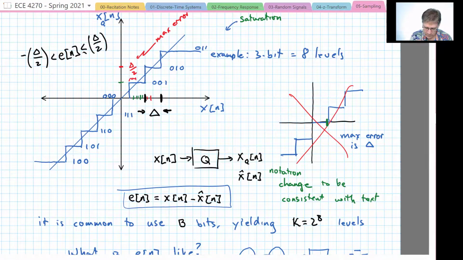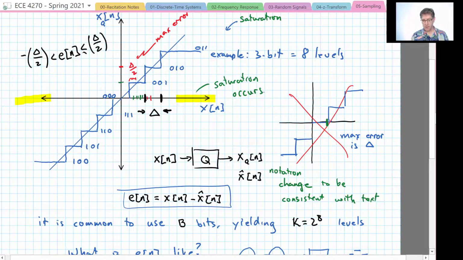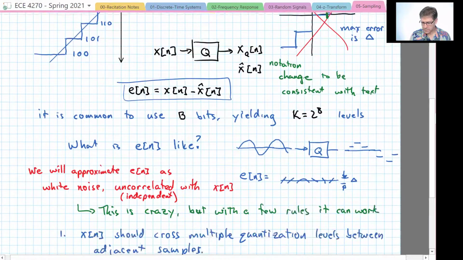So at some point from this point on, and from this point on, saturation occurs. When saturation occurs, that means that e of n is greater than delta over 2. So we don't want that.